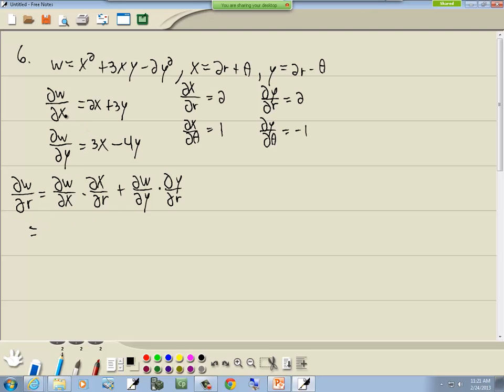So partial of w with respect to x is 2x plus 3y, times the partial of x with respect to r, which is 2, plus partial of w with respect to y, which is 3x minus 4y, times partial of y with respect to r, which is 2.